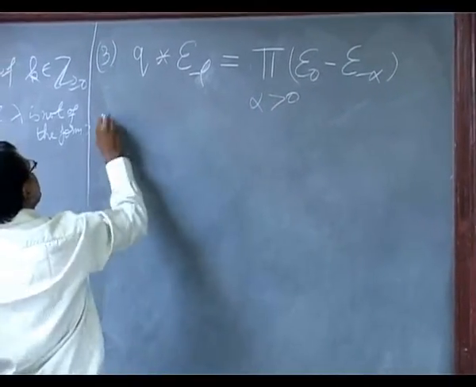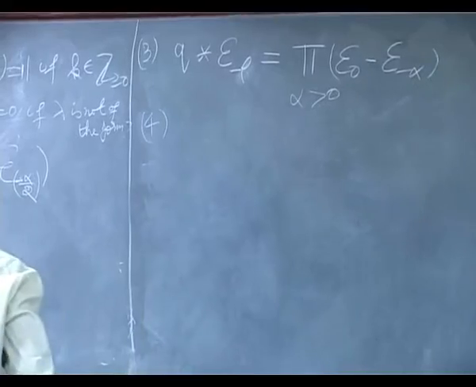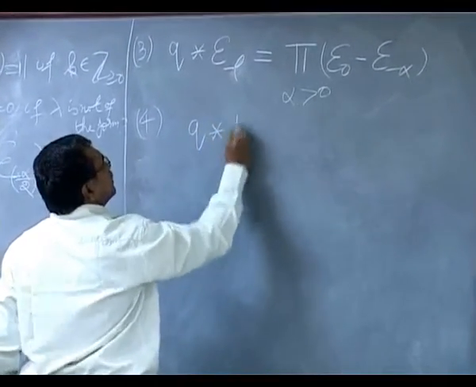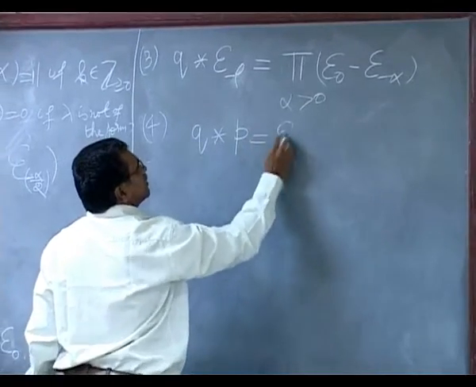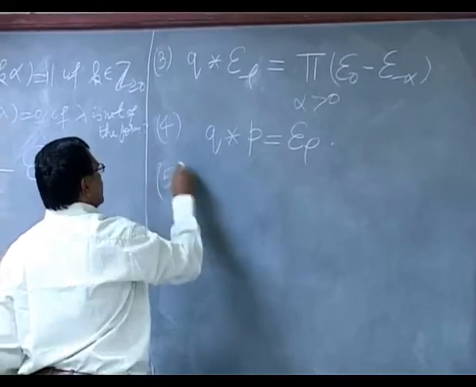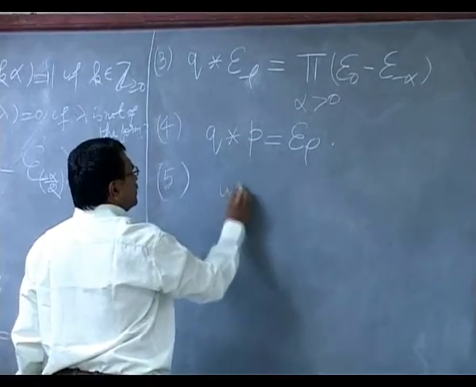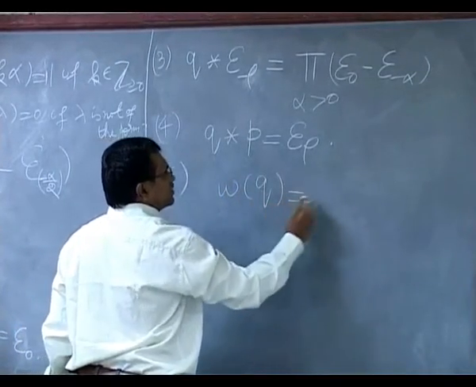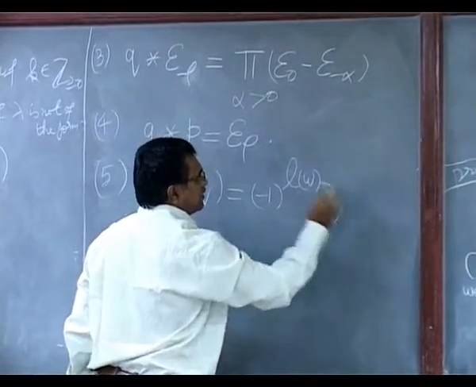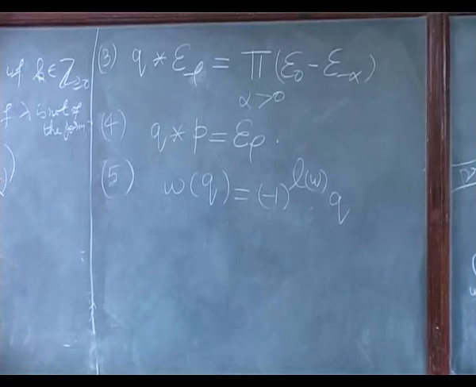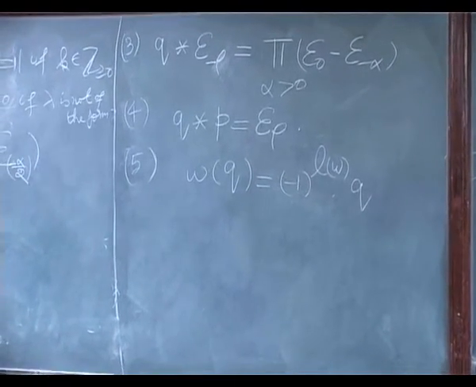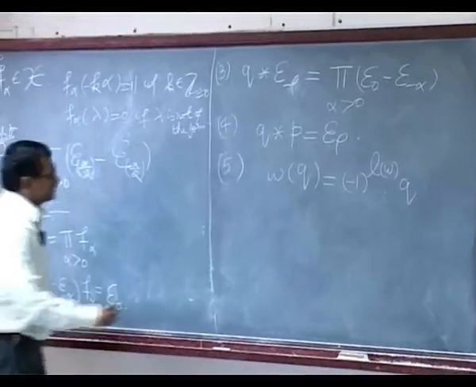And the fourth thing is q star p is epsilon rho, and then the fifth thing is w of q is minus 1 to the length of w. And also there is one more.